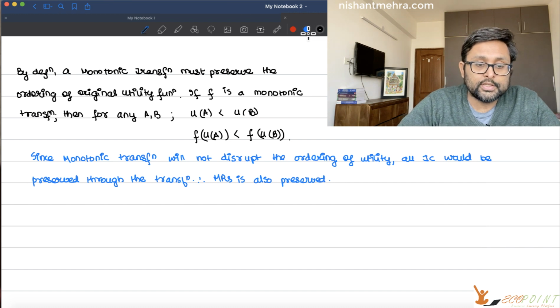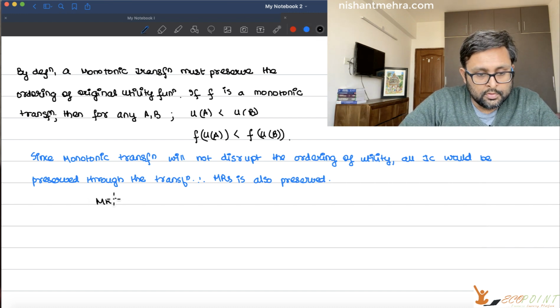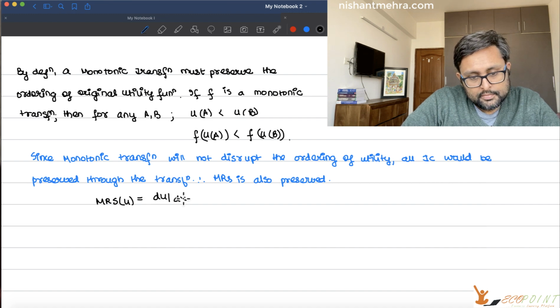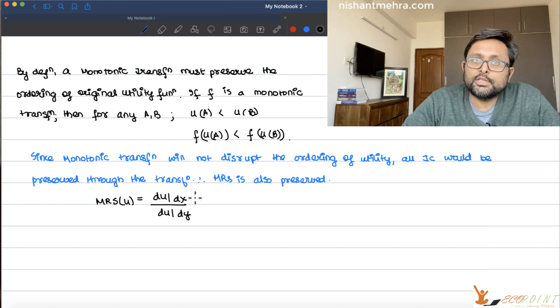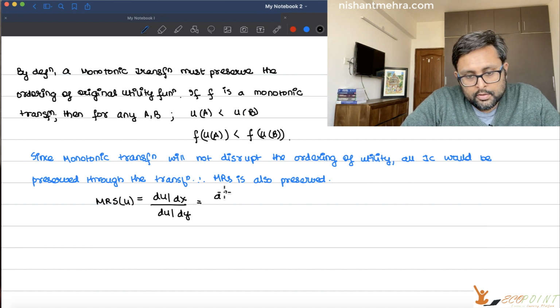So what you can show is this. So MRS of the utility function u is what? du by dx upon du by dy, right? And if you just transform this u to f of u and then again you take the MRS, then it would be what? df by du into du by dx.